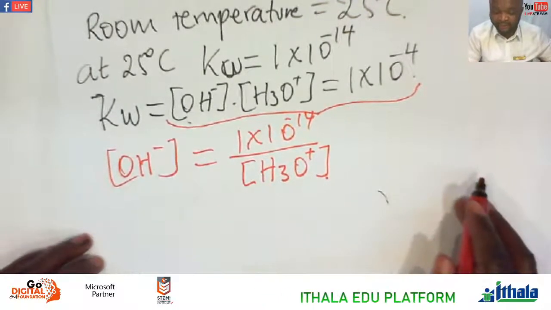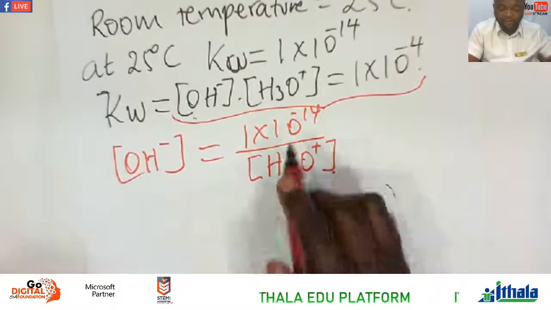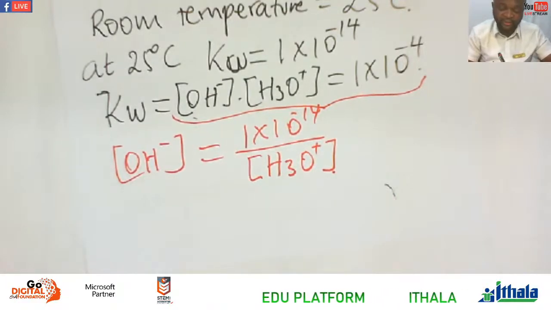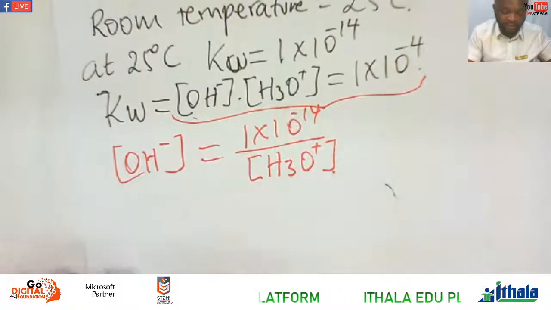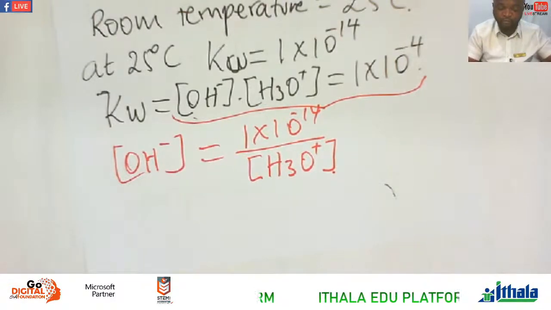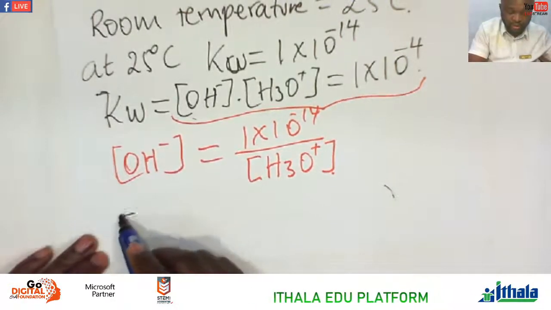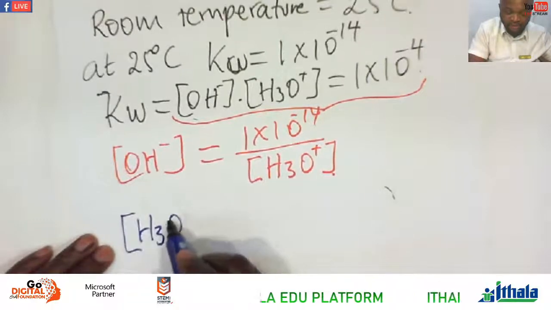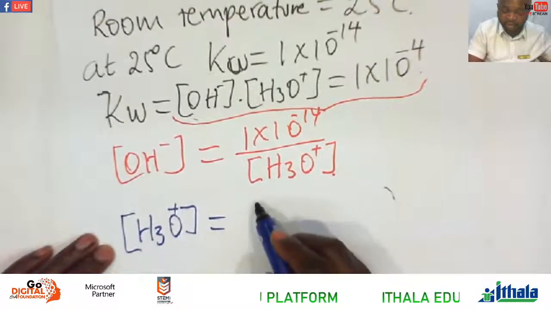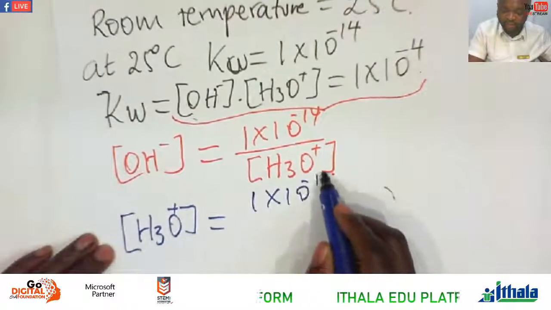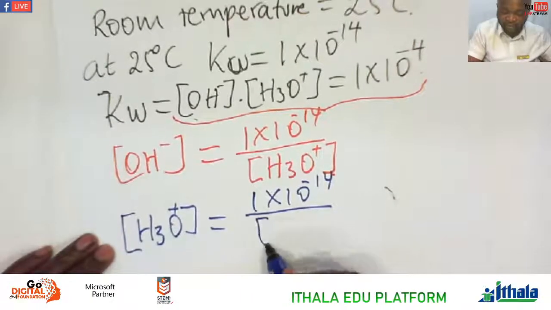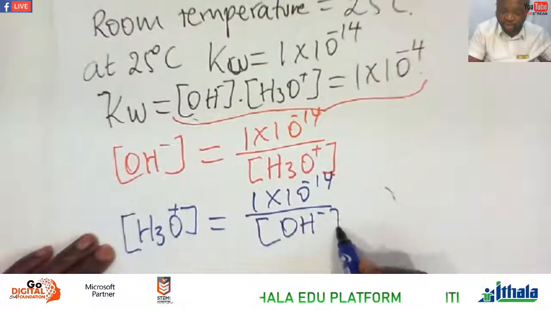Please remember that. Then from the same formula we can deduce what? The formula for H3O plus in terms of OH minus. So the concentration of H3O plus will simply be equal to 1 times 10 to the power negative 14 over the concentration of OH minus.